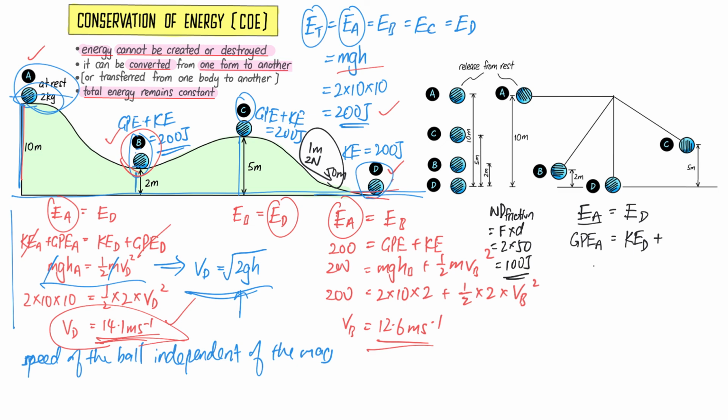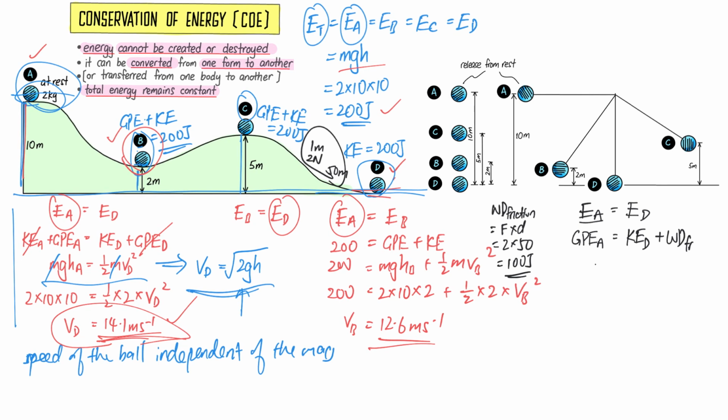So I have to add in the component on the right hand side, work done against friction. But some of you may prefer to see it this way. You can also write it this way: the original energy minus the work done against friction, and the remainder will be the KE at position D.